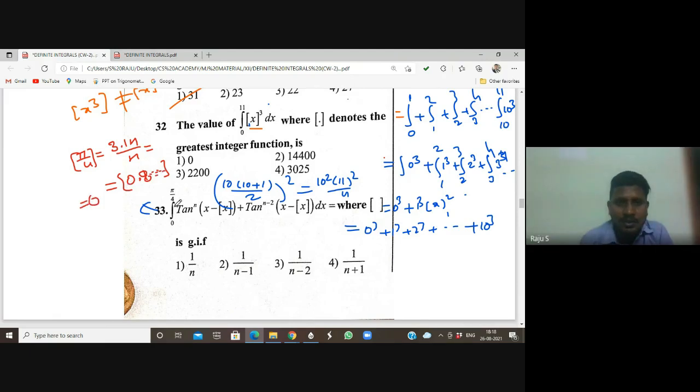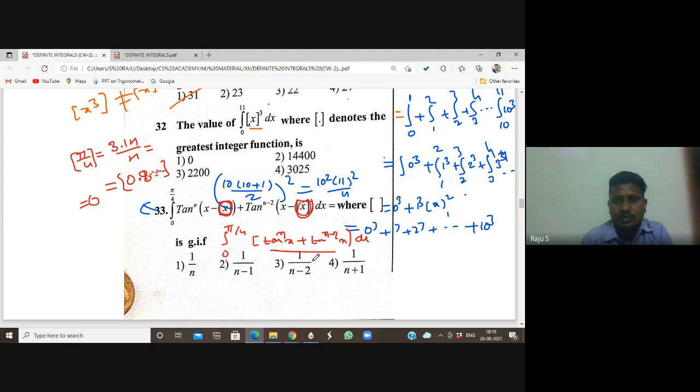Nothing but 0 to pi by 4. What is the greatest integer value? 0. Then the remaining value you can write as tan power n x plus tan power n minus 2 x. Greatest integer is directly 0 because it is lesser than 1.